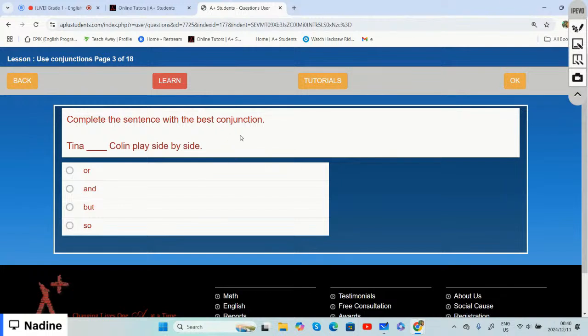And we can say, Tina, Colin play side by side. Tina, Colin play side by side. What word do we have to use as the conjunction in order to complete that sentence?